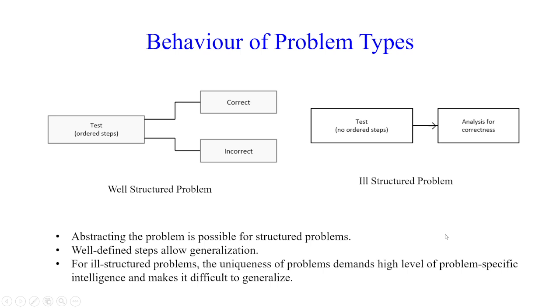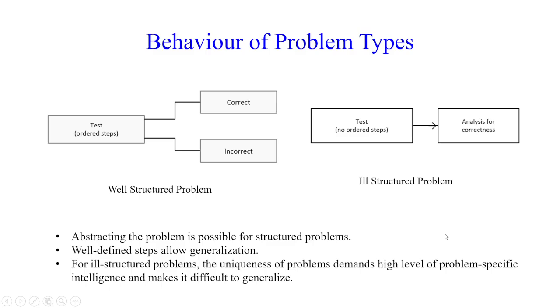Because the steps are well defined, you can generalize the solution and apply it across similar problems. If we apply an algorithm for a quadratic equation, we can try similar types of problems with the same algorithm. The sorting algorithm works to sort any kind of numbers. So this makes well-structured problems highly scalable.